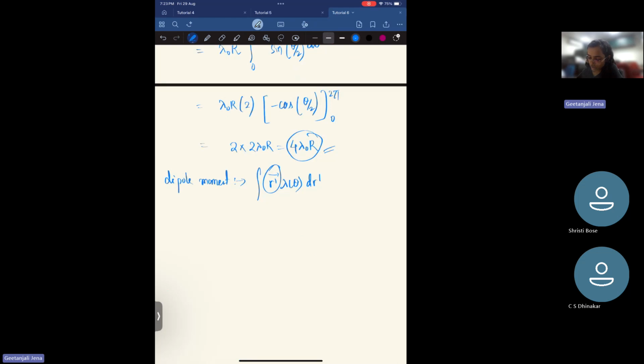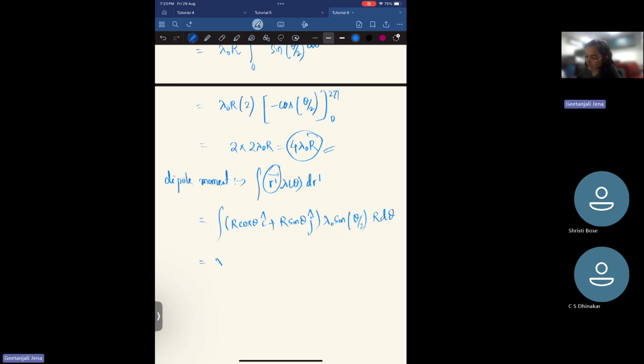So now we know the R prime. So dipole moment is the integral of R cos theta i plus R sin theta j. Lambda theta is lambda 0 sin theta by 2. Dr is R d theta.